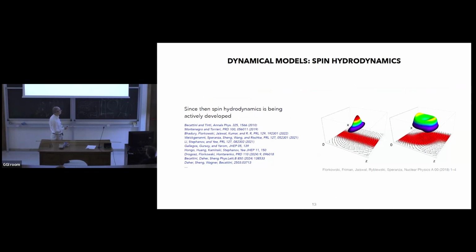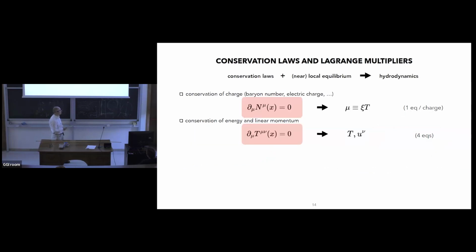Okay, since then, spin hydrodynamics was developed by many groups, and it's really a dynamic development, I would say. But what is basically the idea? The idea is to generalize the usual methodology. Hydrodynamics is basically the effective theory for the conservation laws.